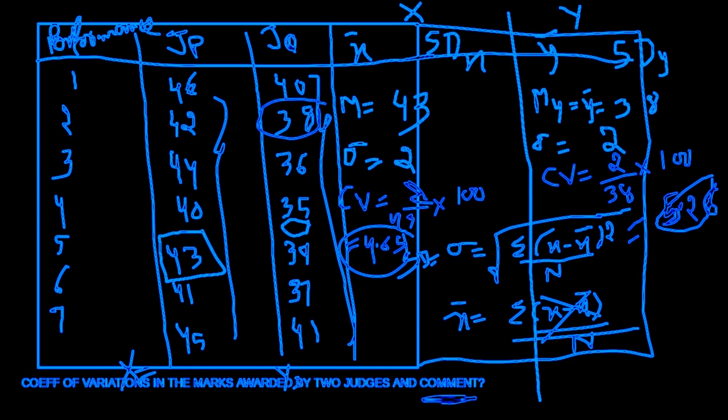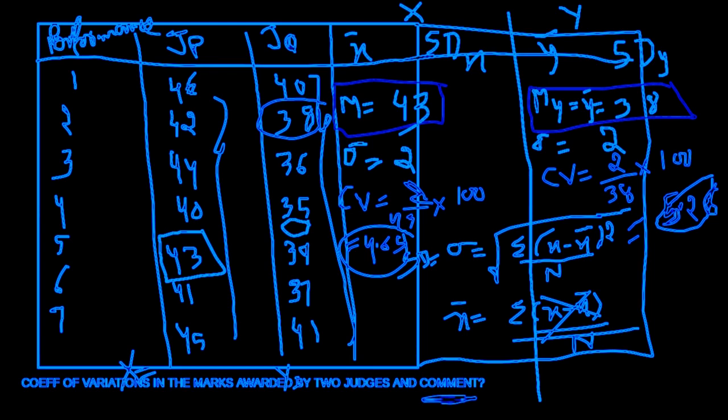Look at this. Mean by first judge is 43 and mean of second judge is 38. And now what do you understand by the term mean? Mean is your average.